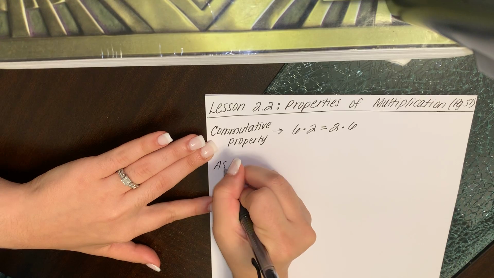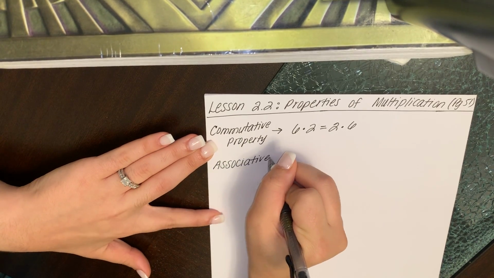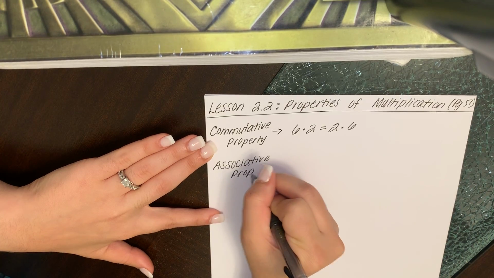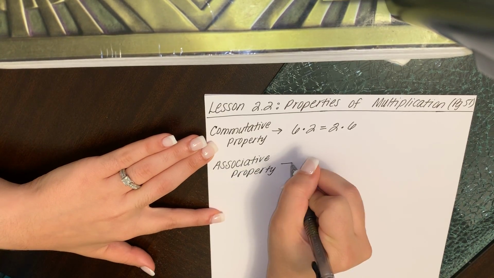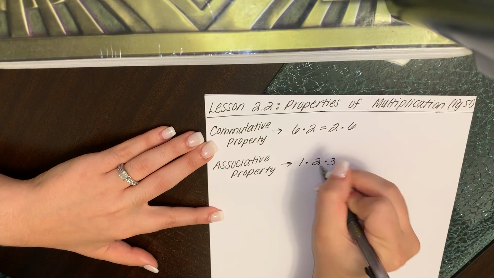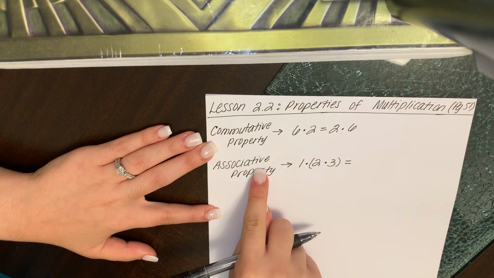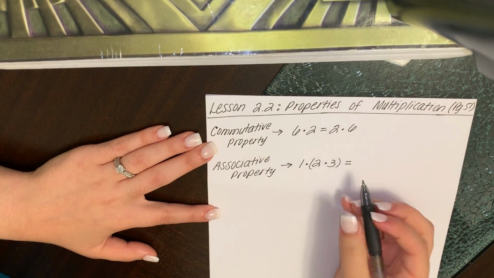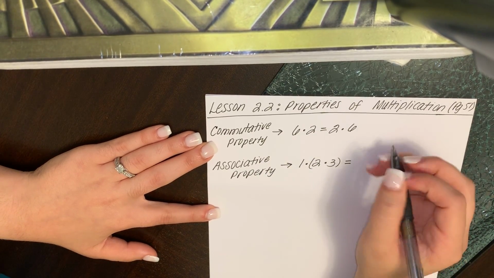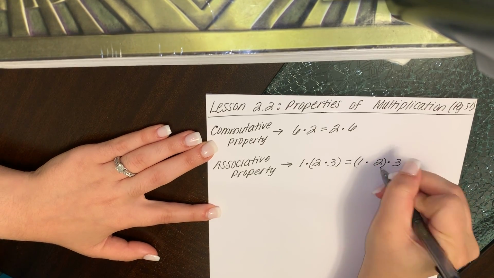Associative property, there is an associative property of multiplication. But now instead of addition signs around it, there's multiplication signs. So for example, if I had 1 times 2 times 3, and the 2 and 3 had parentheses, if we wanted to change the grouping of it, instead of putting the parentheses around 2 and 3, maybe I could put the parentheses around 1 and 2.